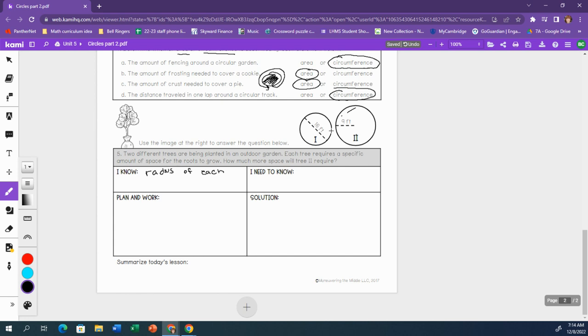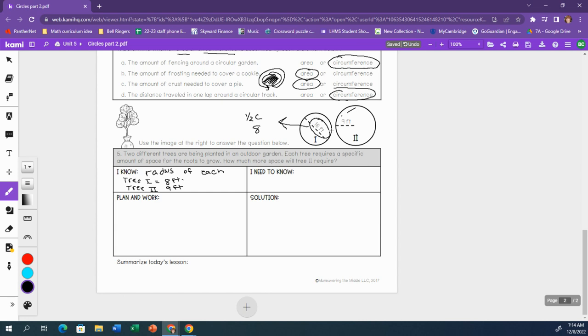So we know that tree 1 equals 8 feet. And we know that tree 2 equals 9 feet. That's the radius. See right here? That's the circumference. You have to take 1/2 of the circumference, which would give me 8.